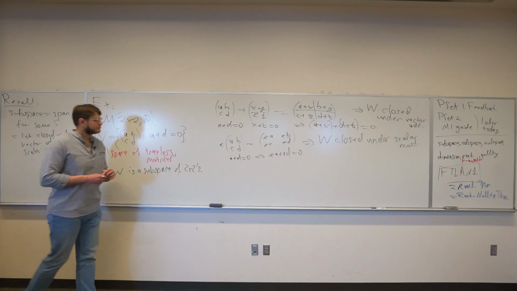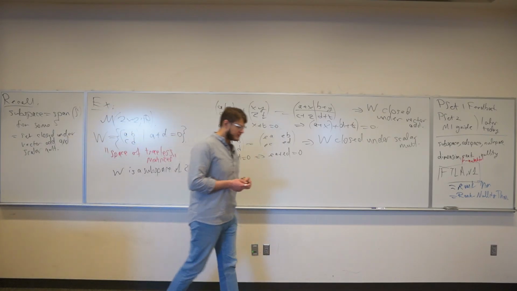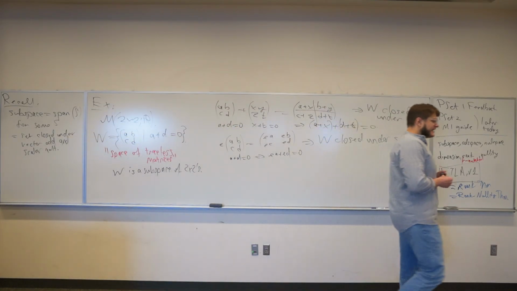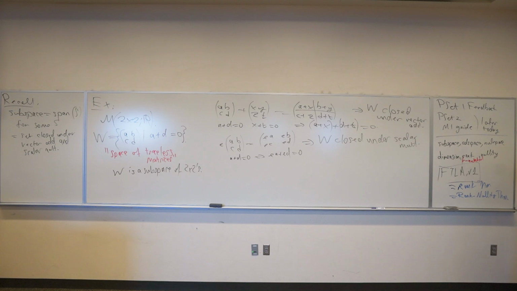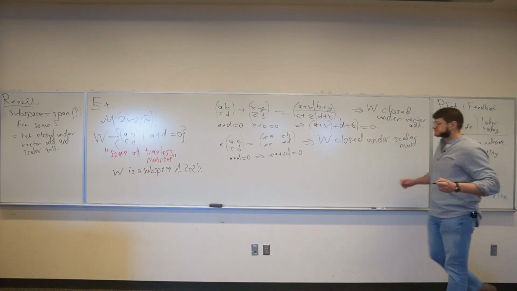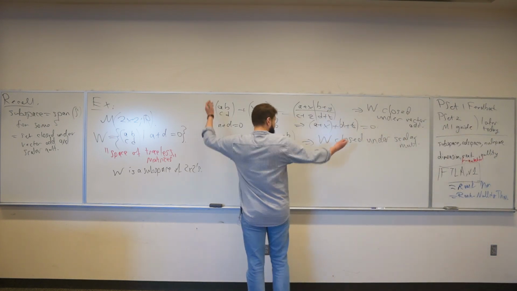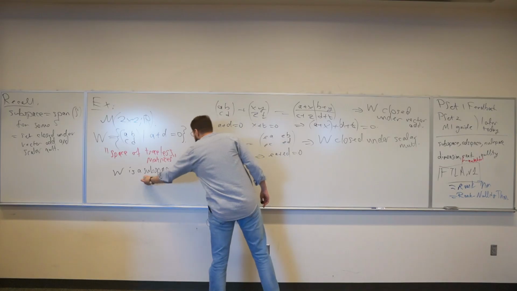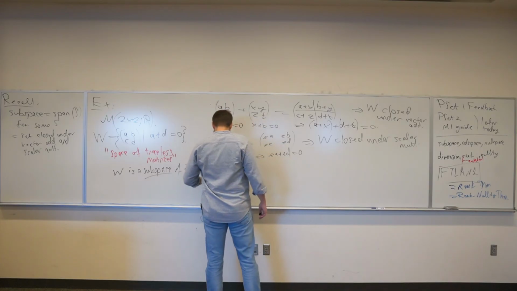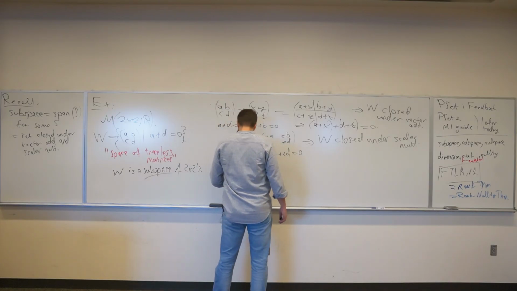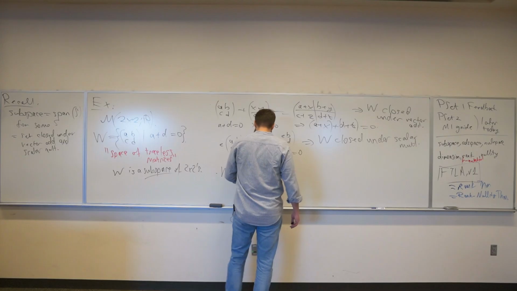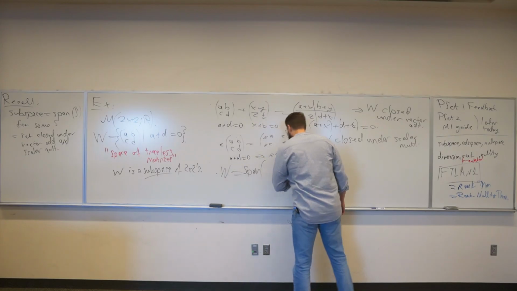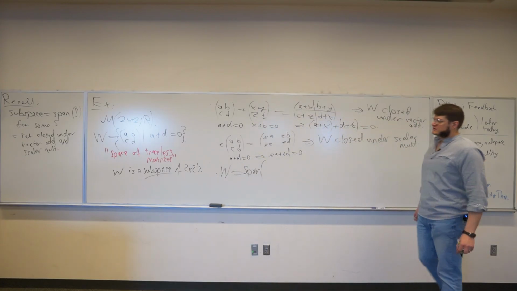OK. Well, let's also try to display W as a span of a set of matrices. That's one way of verifying that W is a subspace. Another way is to realize that W is a span of something. It's a bunch of matrices.